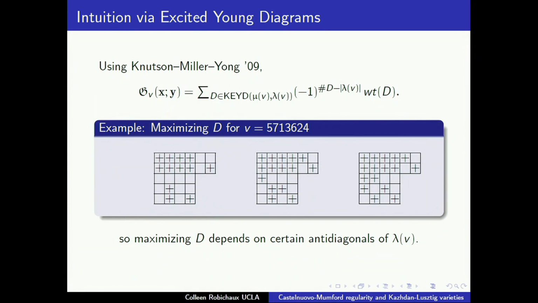When we're trying to do the most possible K-excited moves, here I could try to just haphazardly move pluses, and here I'll get 3 extra pluses using these excited moves. But if I'm trying to maximize my moves by having these moves emanating from boxes that are on a longest diagonal, that is essentially how I am maximizing the number of these K-excited moves. And this is exactly where this statistic of the maximal diagonal in our formula is coming from. And this statistic is what is going to generalize to more of these Kazhdan-Lusztig varieties.